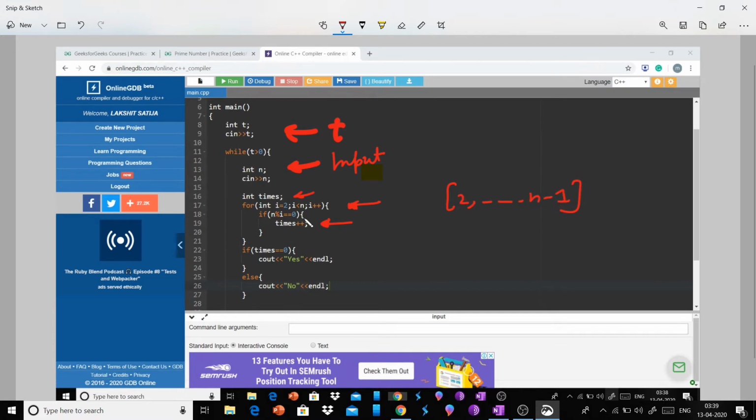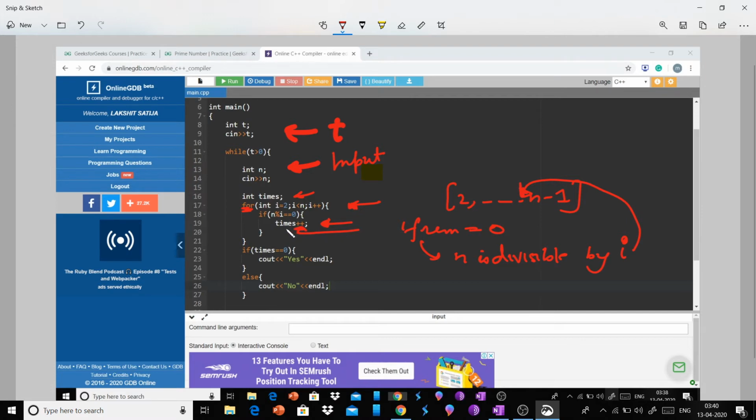So what I am doing is running a for loop, and as many times as the remainder is becoming 0, right? If the remainder is becoming 0, it means that n is divisible by i, right? i is lying between this.